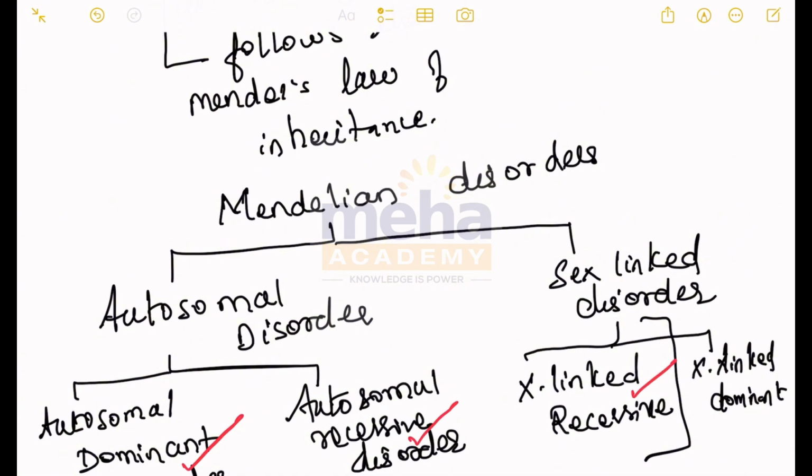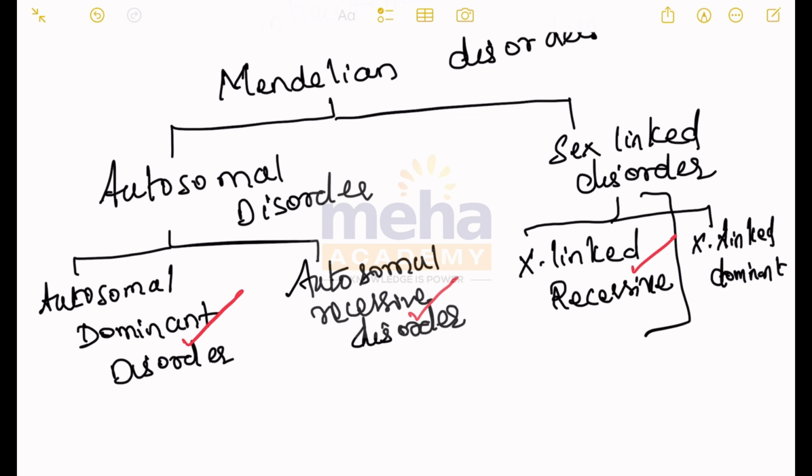First we will start with autosomal recessive disorder. To understand how these Mendelian disorders take place in a particular family, we have to put a heredity chart or a family chart. That is the pedigree analysis.